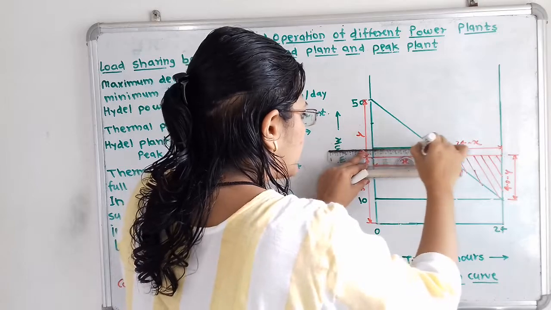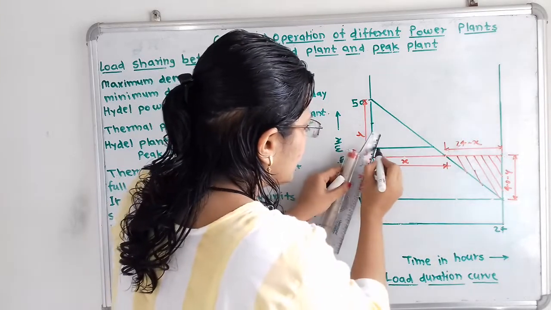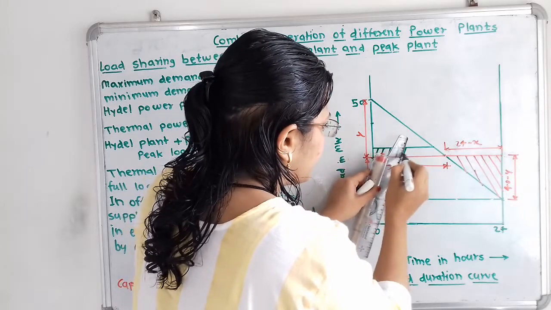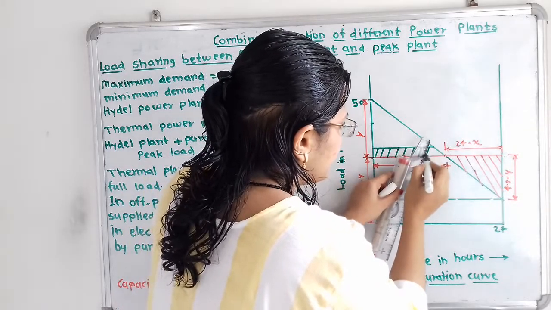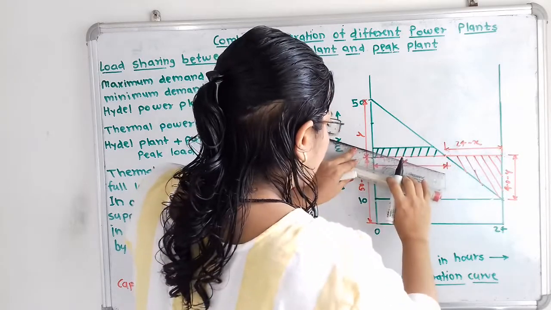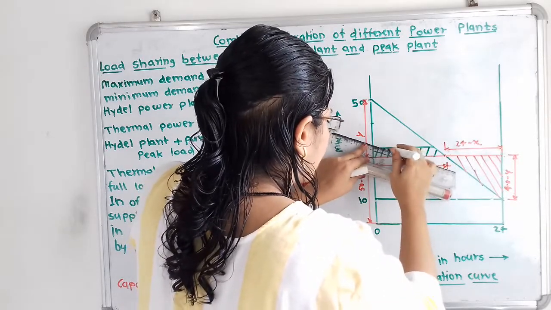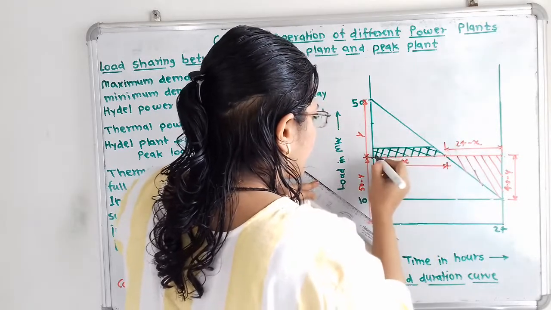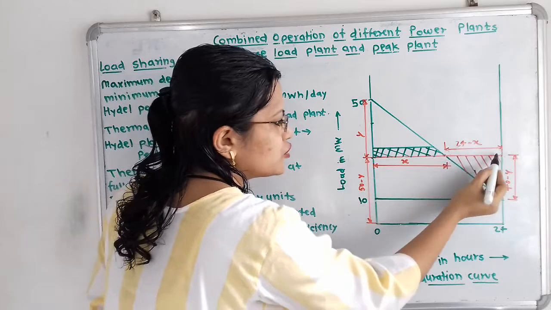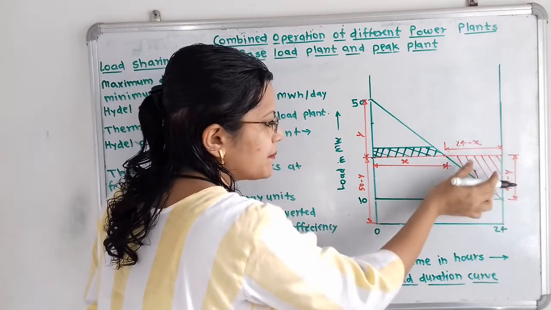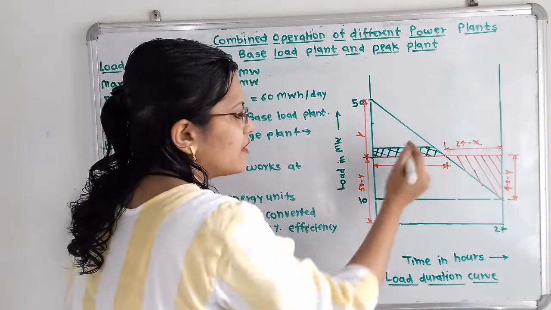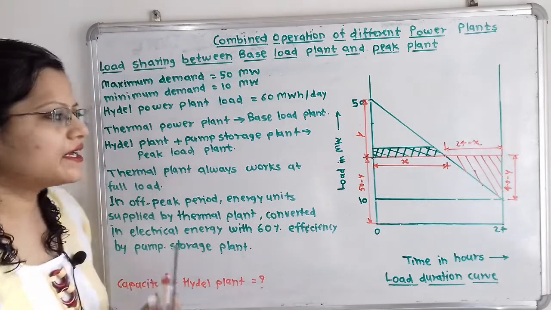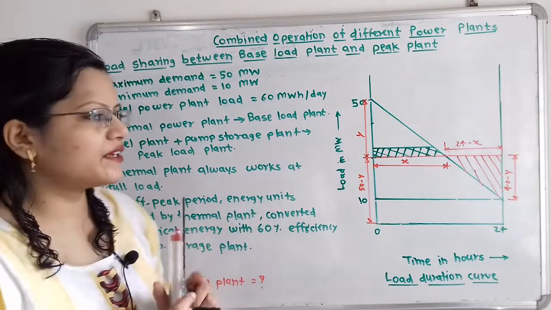Only a small part is getting covered because of these energy units generated. So the energy units generated during this off-peak period are converted into electrical energy, and this space is mentioned with 60% efficiency.